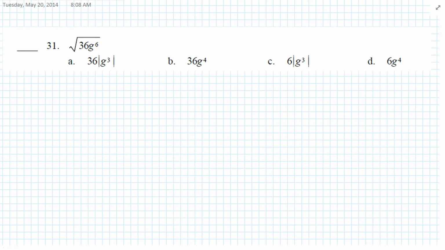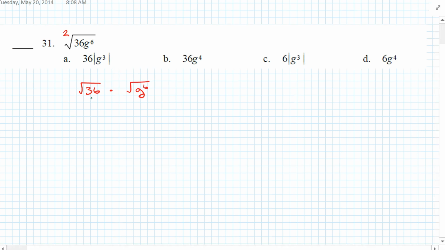Okay, the square root of 36 g to the 6th. Remember our index is 2. So we could really break it down to the square root of 36 times the square root of g to the 6th. When we do that, we're going to get square root of 36 is 6, and the square root of g to the 6th you could think of as g cubed.